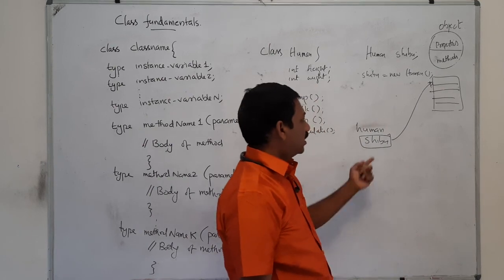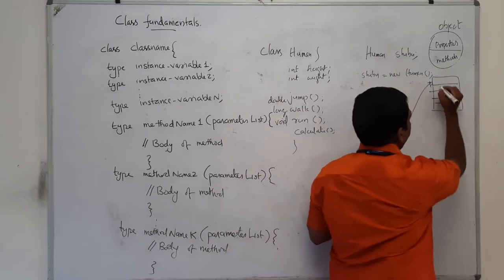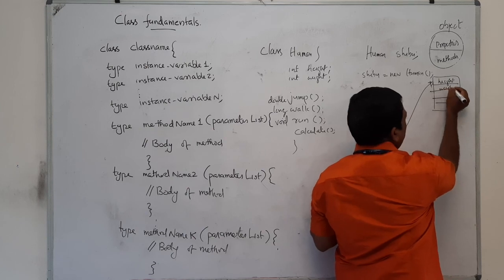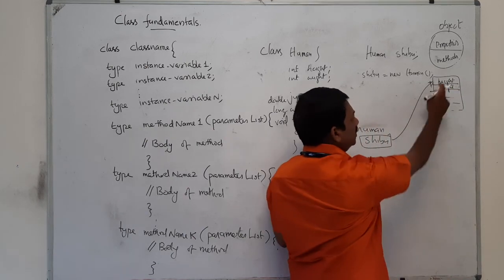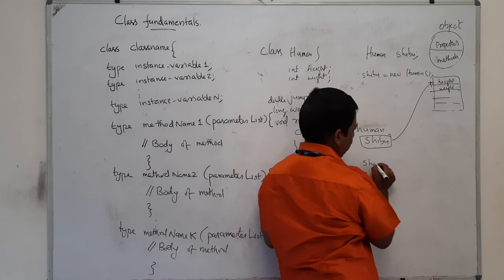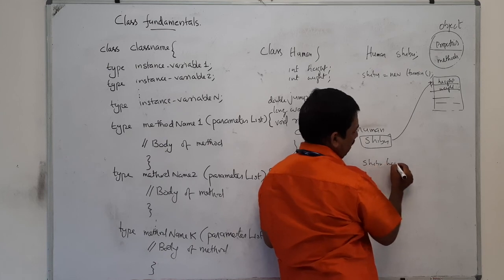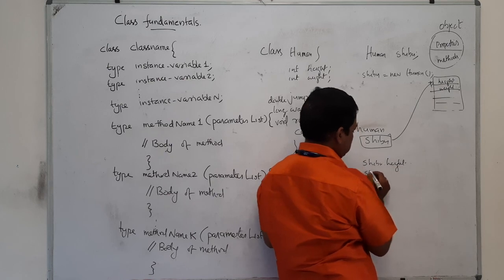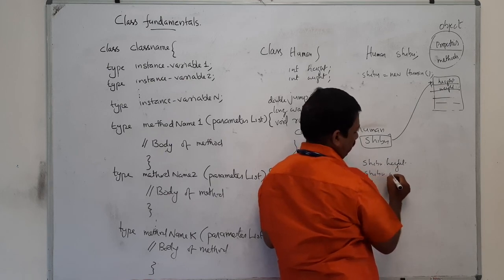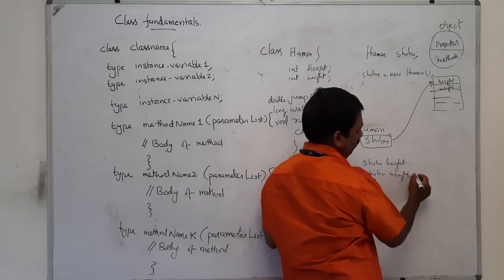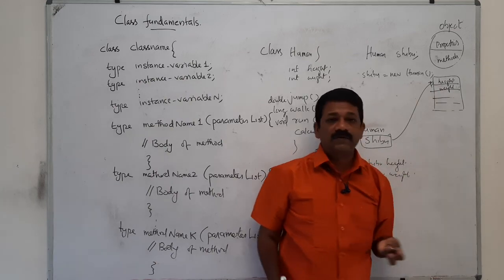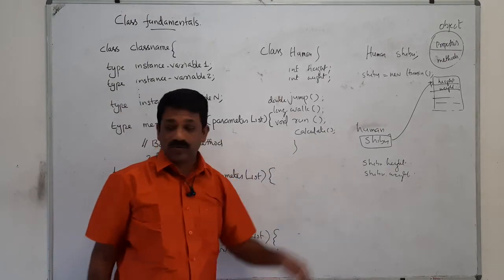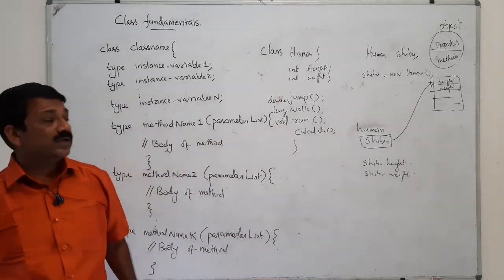That means suppose that this is height, weight, etc. Then this can be accessed using Shibu dot height. And if you want to access this, Shibu dot weight, etc., provided these are public variables. If those are private variables, you cannot access this like this.